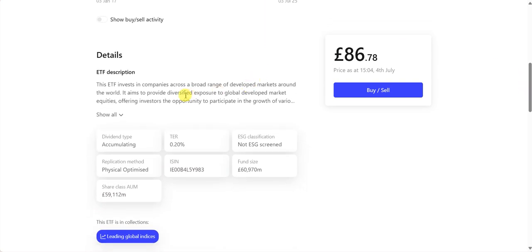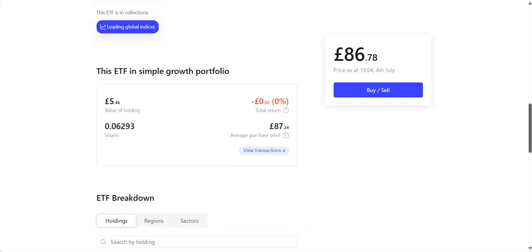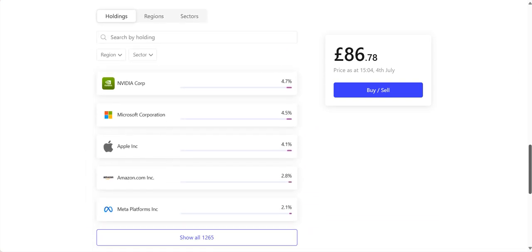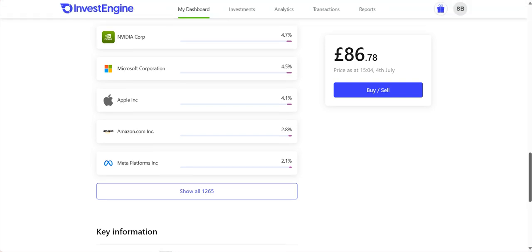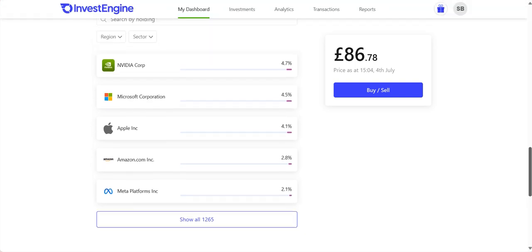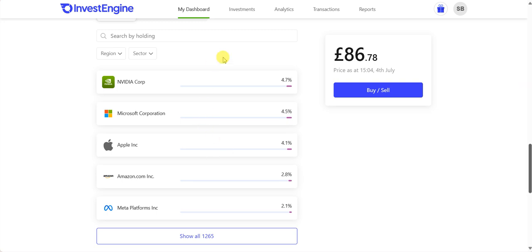Broad range of developed markets around the world to provide diversified exposure. So cost is 0.20. 1,265 holdings. This looks like the usual suspects to me.